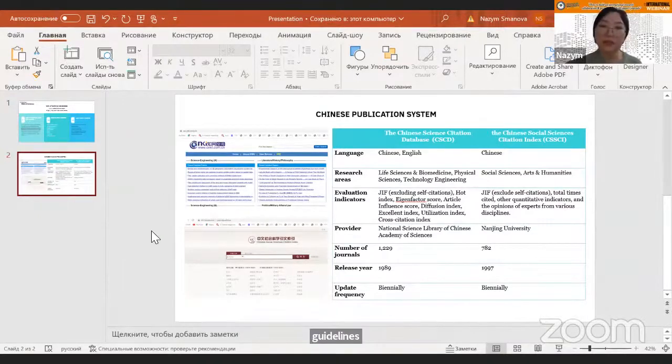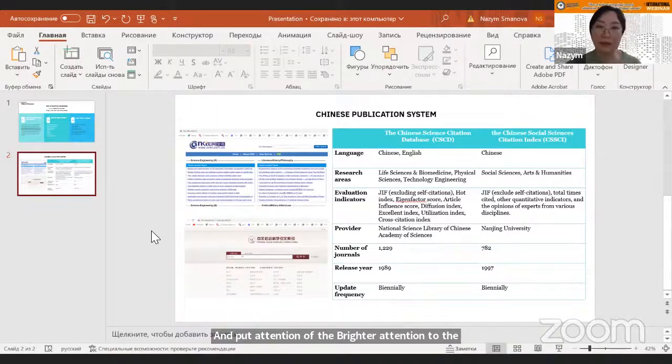It will demonstrate good attention of the writer, attention to detail, and attention to the journal requirements.